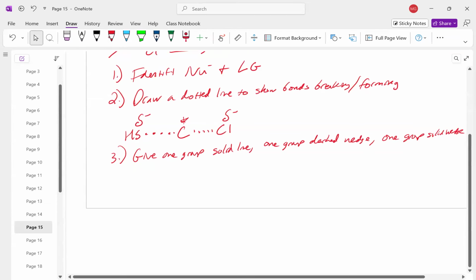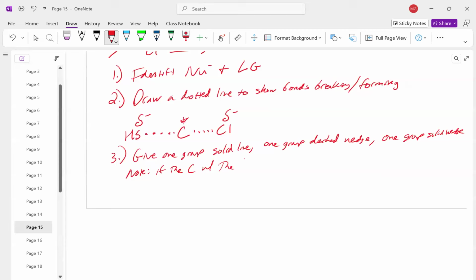Now, as a side note, if the carbon with the leaving group is not chiral, it doesn't matter what bonds you assign to the transition state.